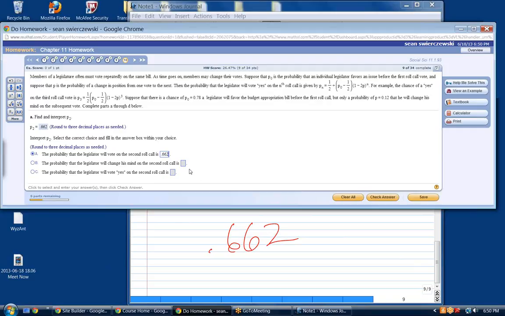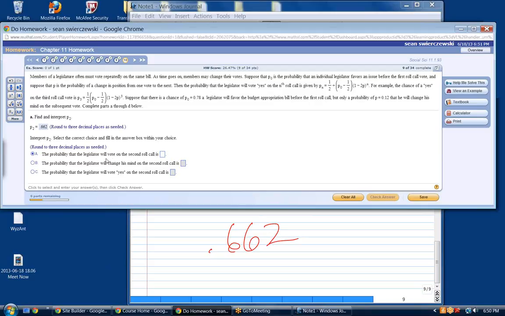Oh, I see. We have to make sure, let's back up for a moment, what it means. P sub n, the probability that the legislator will vote yes, is given by P sub 2. So the probability that he will vote on the second roll call.